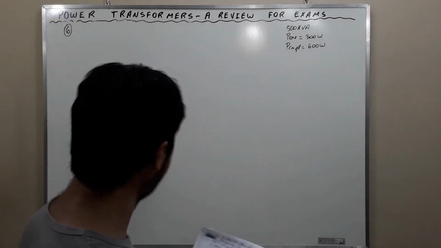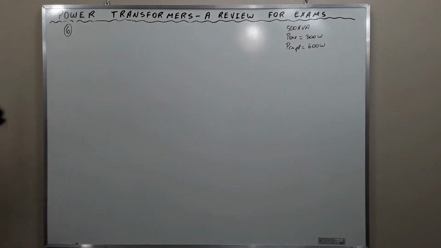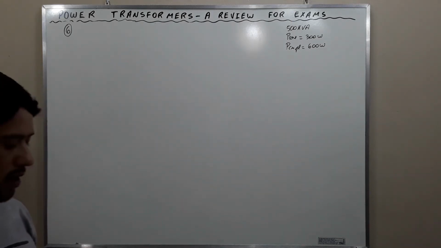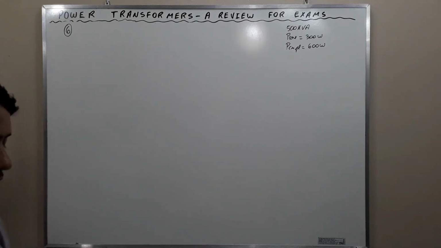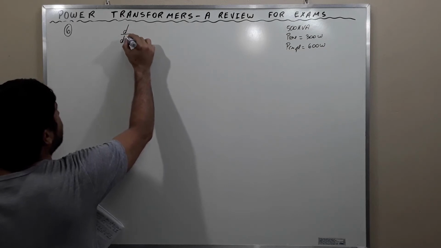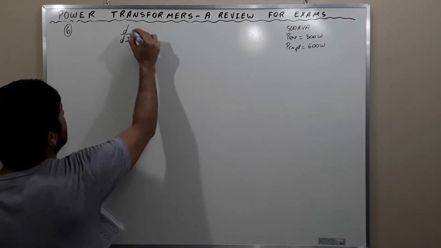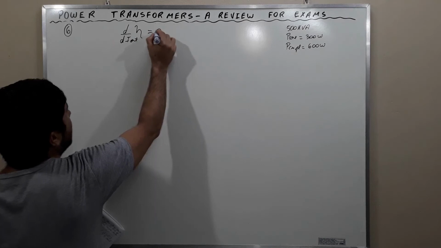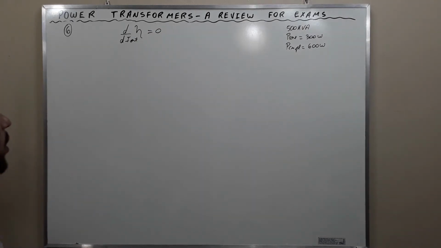Okay, my friends, this is exercise 6, and we're working again with efficiency. And again, efficiency is maximized with respect to output current S. The derivative with respect to output current of the efficiency has to be equal to 0.